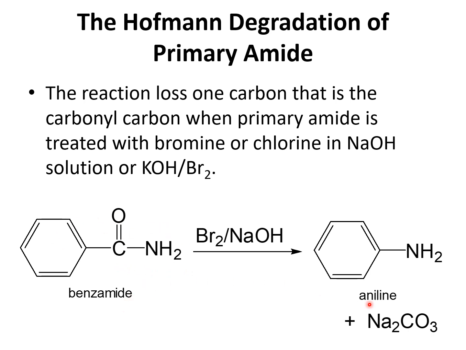So you will get only aniline, an amine, no longer benzamide. The byproduct will be sodium carbonate, because the carbon that came out combines with sodium, so you get the side product sodium carbonate.